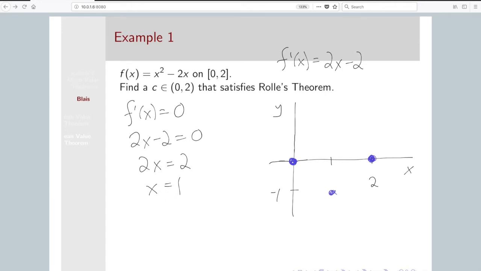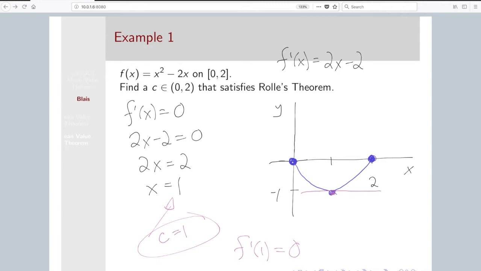So this function has to look something like this on this interval. We have the horizontal tangent line at x equals 1. So this is our C that would satisfy Rolle's theorem in this example. So again, that's because f prime of 1 equals 0. So that's Rolle's theorem in action.